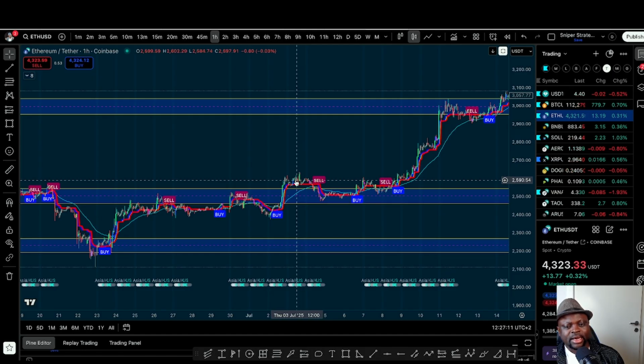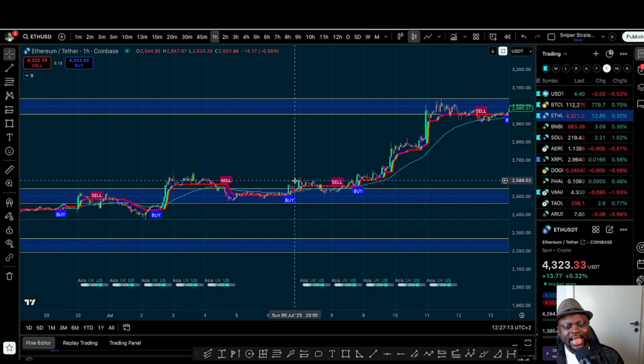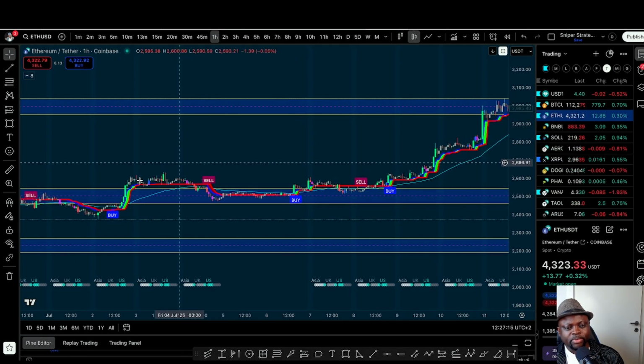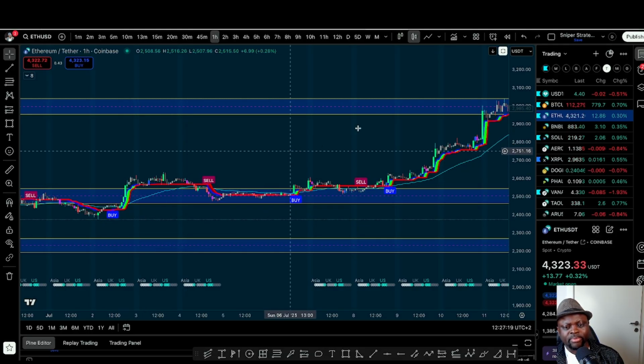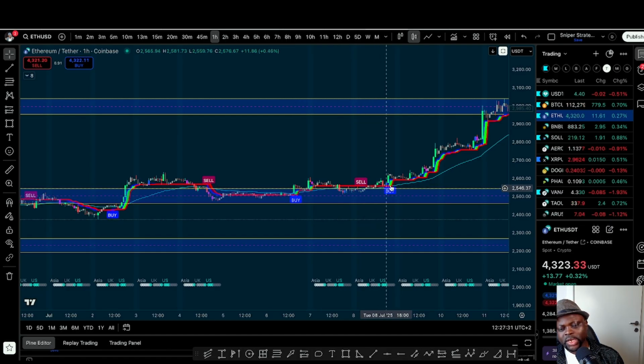Why? Because I didn't see any real volume there. There wasn't any real volume to make me want to get into the trade. I waited until I see price again above that area, and in this case, you can see the alpha trend printed a buy here and also a buy here.